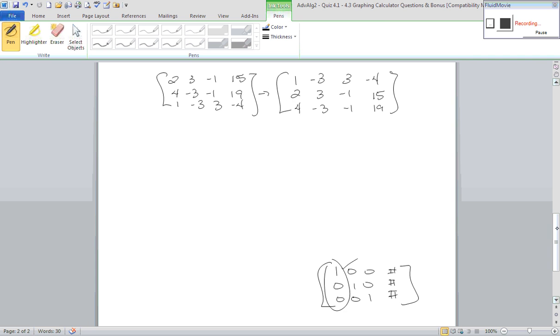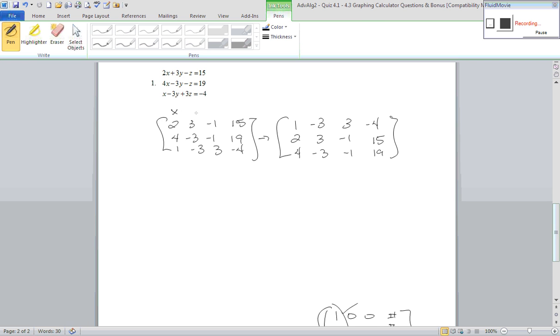Because remember, this column is x, this is y, this is z, and I guess this would be our constant. This is equation 1, equation 2, and equation 3. So I'm going to take a combination here. I've switched 3 with 1, but I'm going to take a combination of what's now equation 1 and 2.